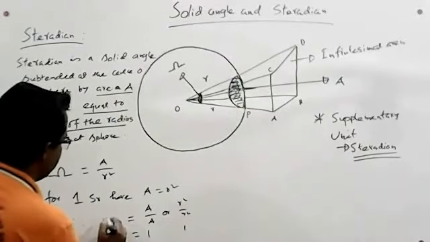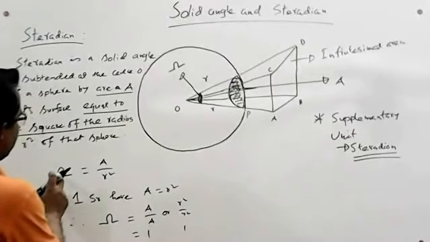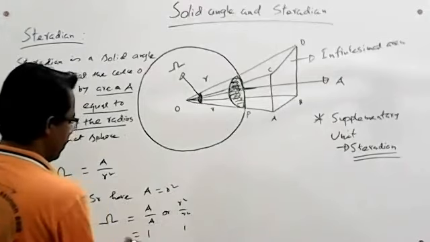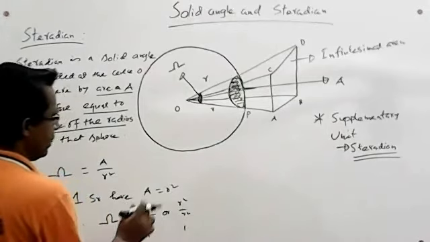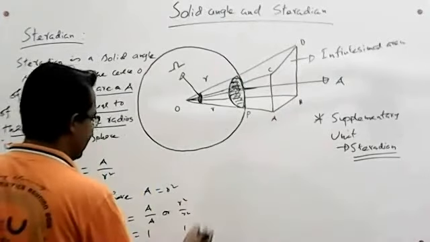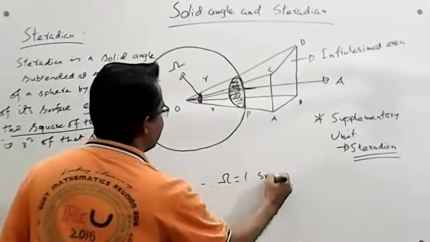That is, omega equal to A over A or r square over r square, which is the same, 1. And it is denoted by steradian. Also, omega equal 1 steradian.